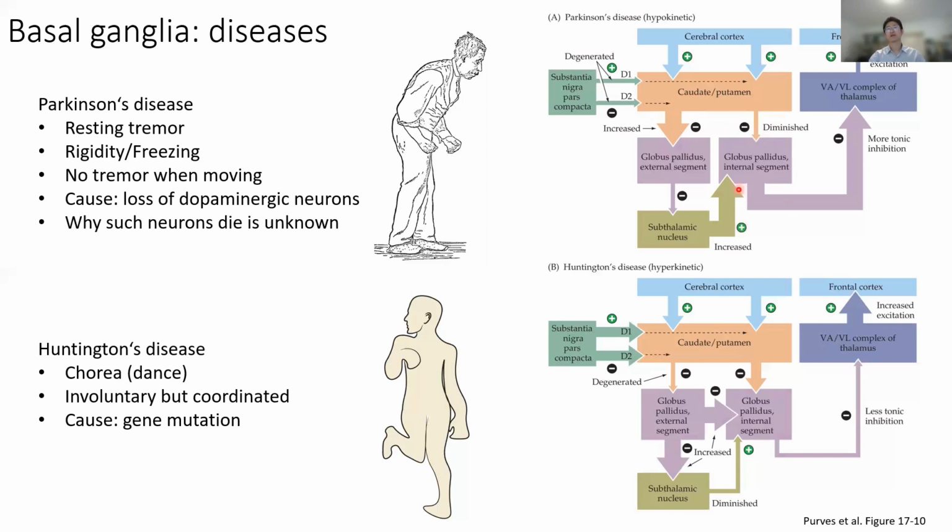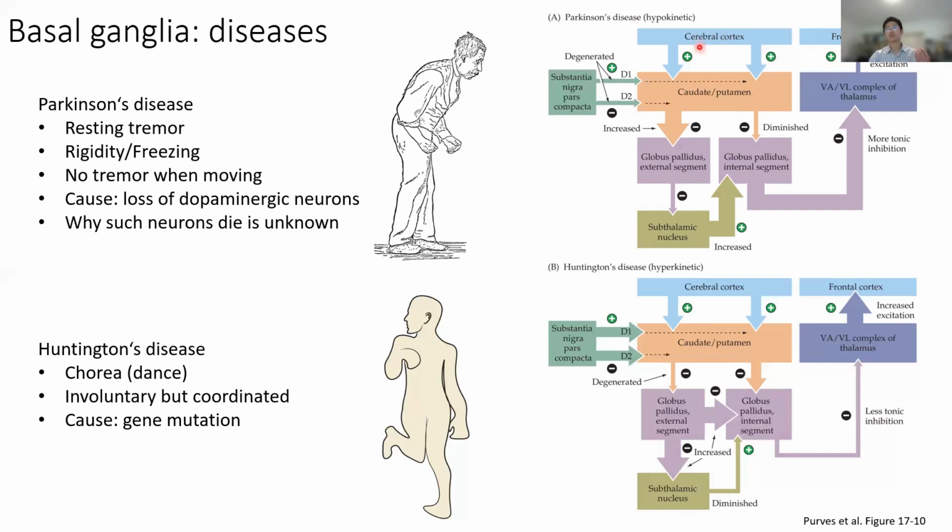You see, if you just count, you can count like this, plus and minus. And because of this imbalance, the final result will be less excitation in the cortex. This means in Parkinson's patients, once he wants to move, they generate a moving command in the cortex.